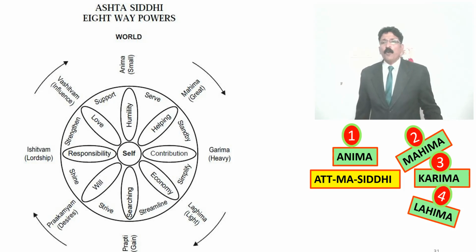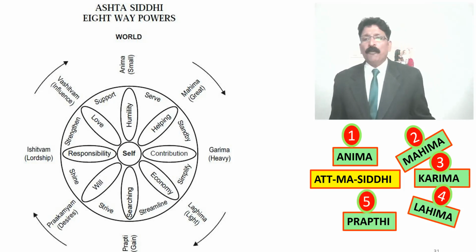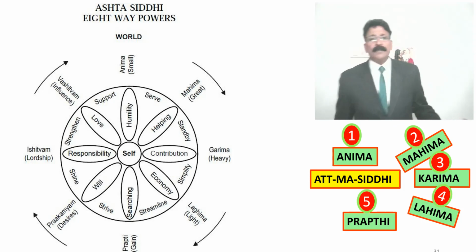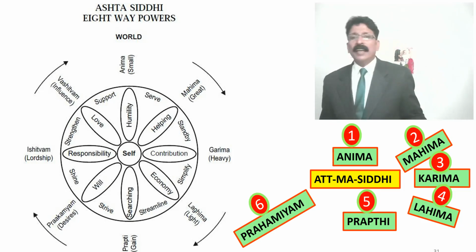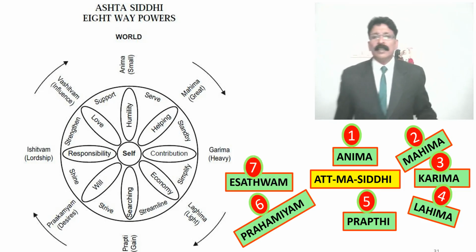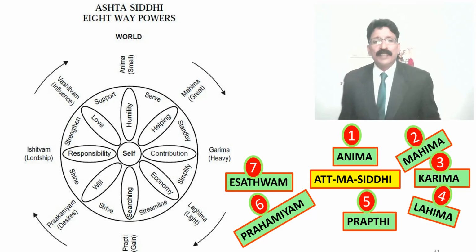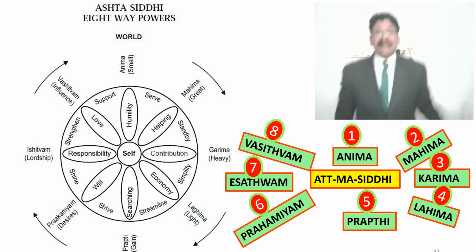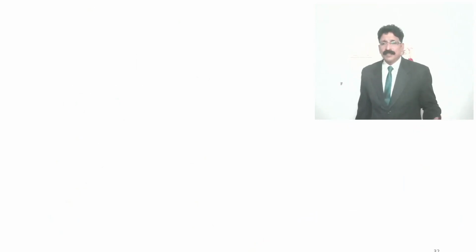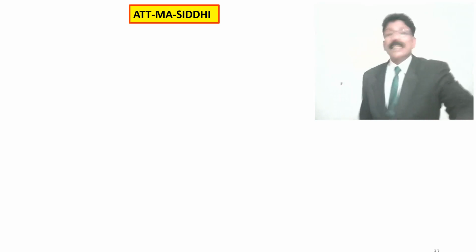Number 4, Lahima, light. Number 5, Prapti, gain. Number 6, Prakamyam, desire. Number 7, Isitvam, lordship, responsibility. Number 8, Vasitvam, influence. So these are the eight points of the basic Ashta Siddhi.